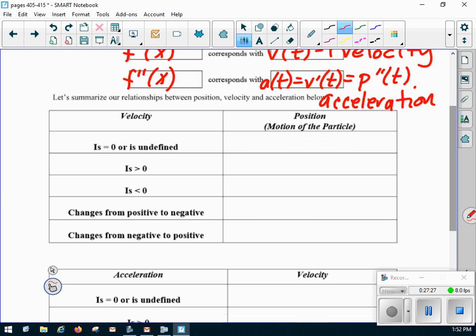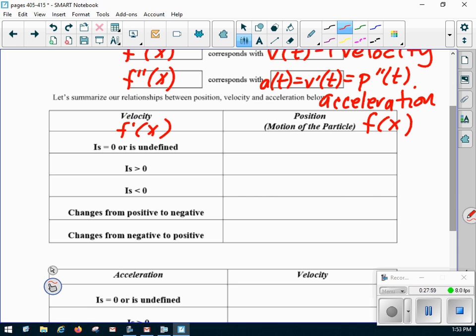All right, let's summarize relationships between position, velocity, and acceleration. Do you remember when we did this? If this is f prime of x, then what do we know about f of x? Now, I will use a little bit different wording, but the idea is the same. What did you know if f prime was 0 or undefined?